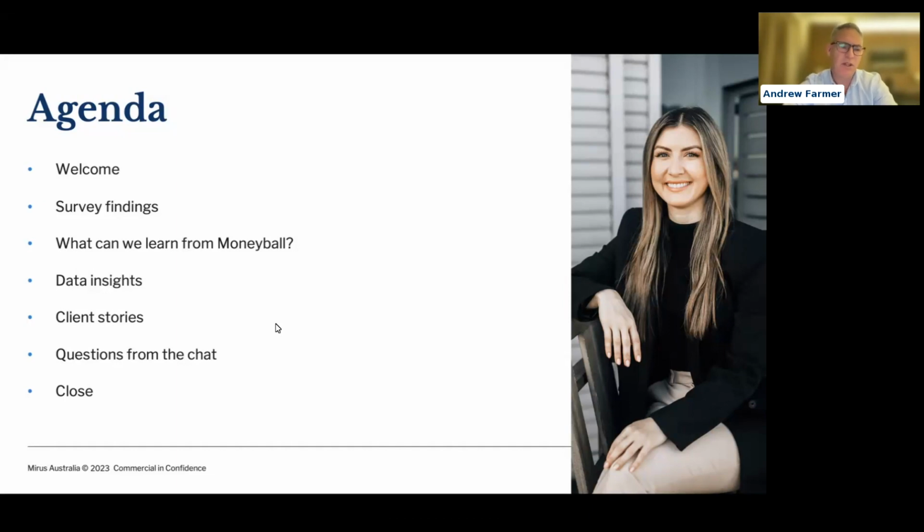And then the last one, really a big bucket of data, big data, is clinical data. There's one side of it which is about what you can model and what you can predict through clinical insights.